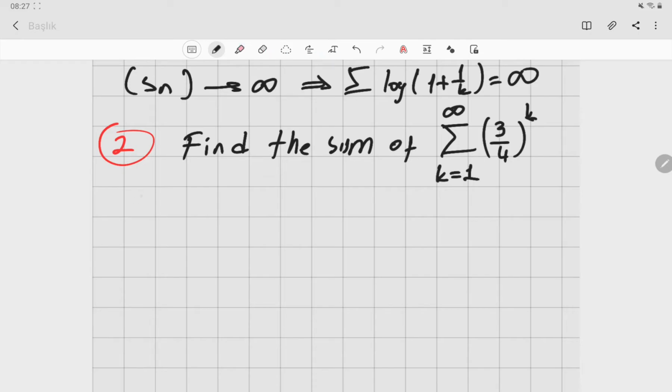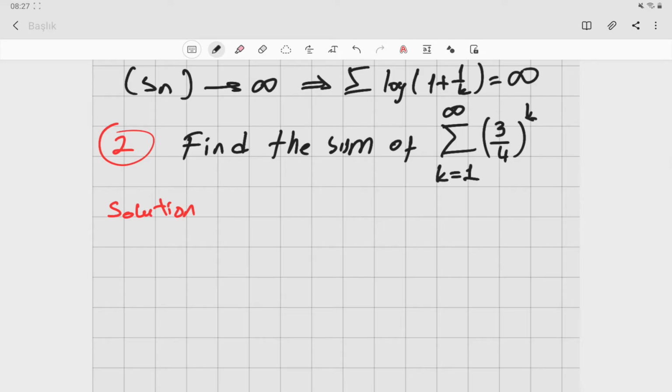The solution: this is very similar to a geometric series, but it is not a geometric series. If it was starting from 0 to infinity, then we would call it a geometric series, obviously.